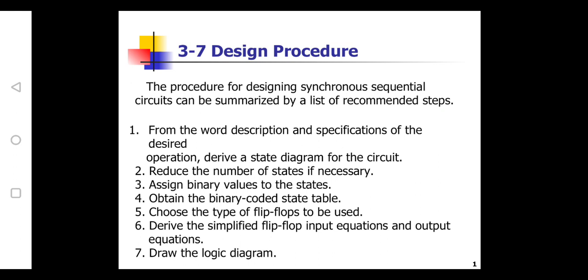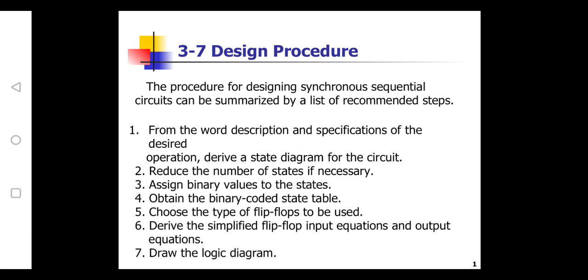If we write a tabular column consisting of inputs, outputs, and flip-flop inputs, such a table is called a state table. If we represent it in a graphical or pictorial manner, such a diagram is called a state diagram. So the pictorial representation of a state table is called a state diagram.